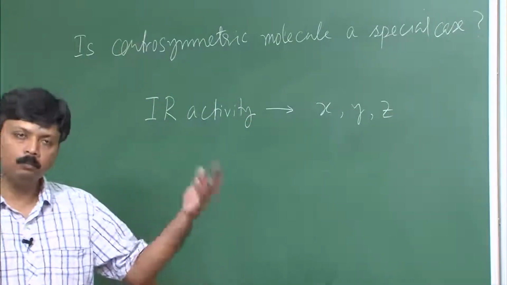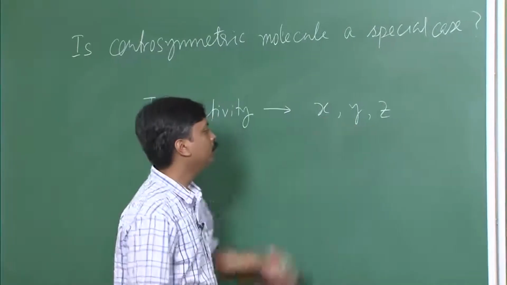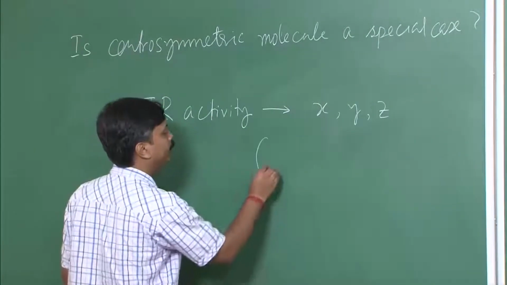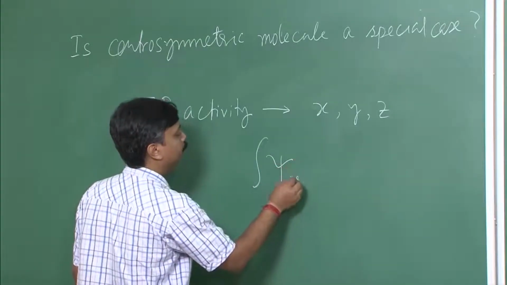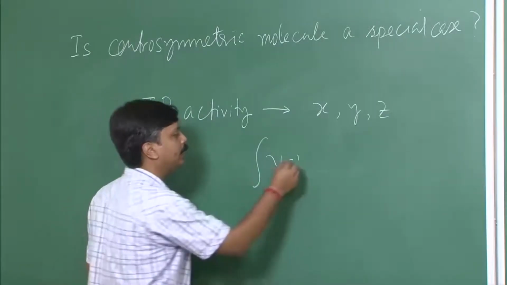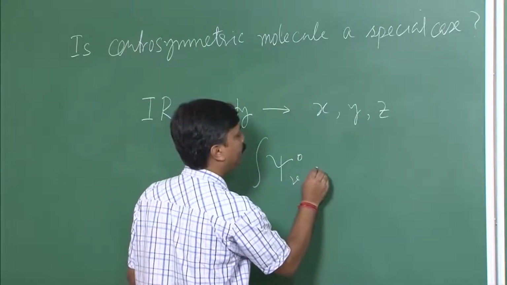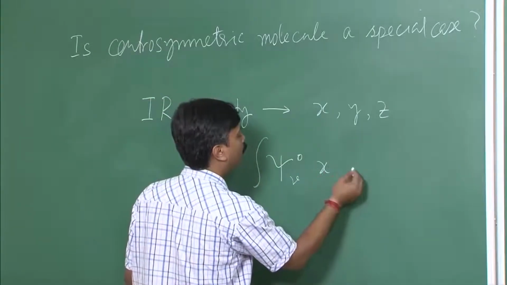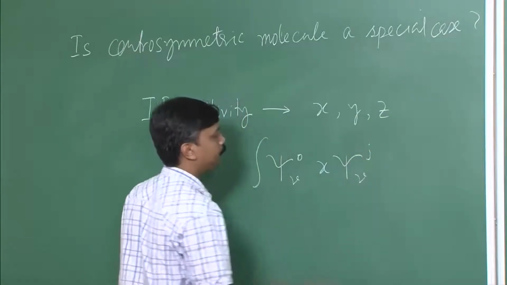It may be more than one also. So this is the condition, because we have seen the transition moment integral is like psi v i, which corresponds to the zeroth vibrational level. Instead of i I can also write 0, no problem in that, and then you have either x or y or z, and you have this.